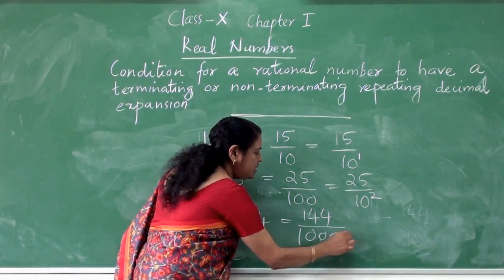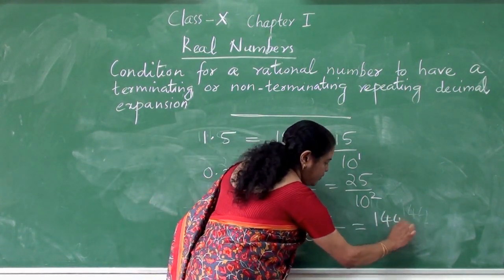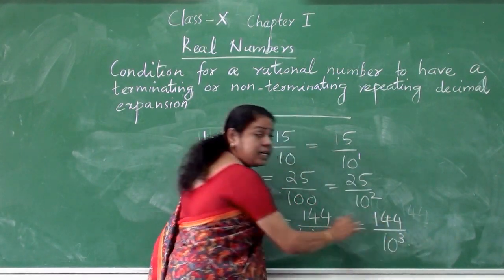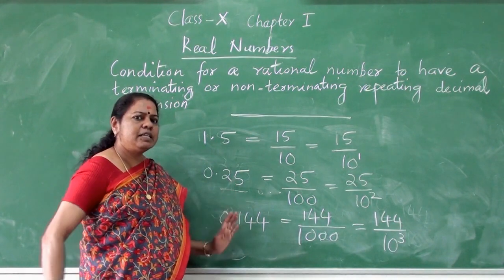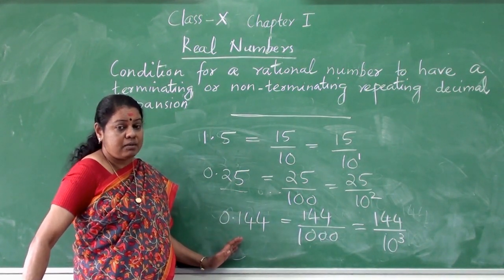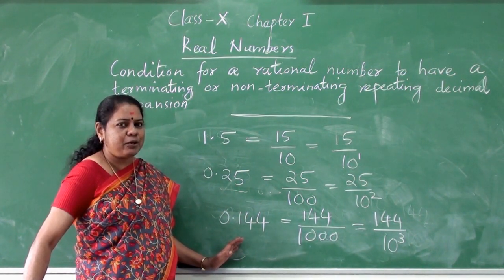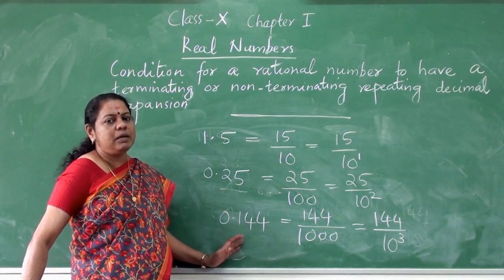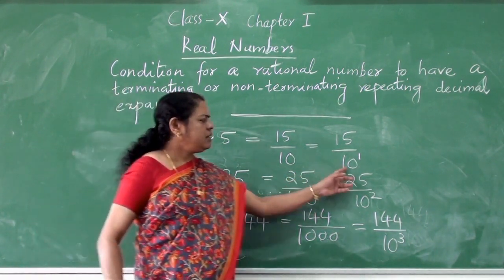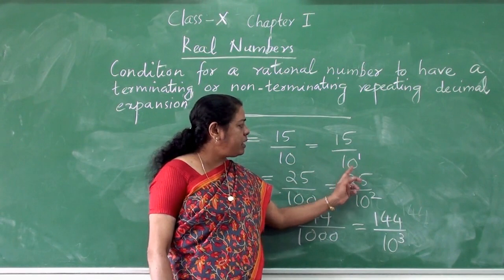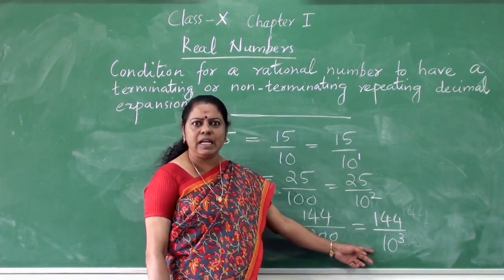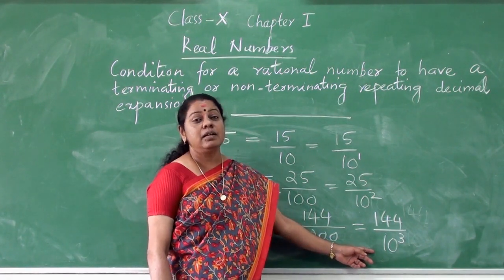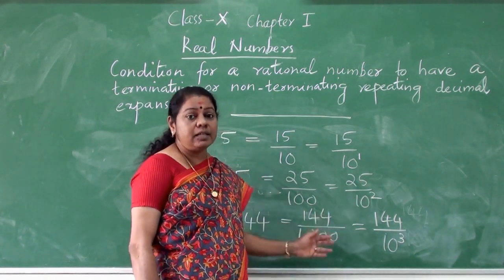So 1000. We can write it as 144 by 10 cube. If the decimal expansion of a number terminates, it's a rational number, so we can write the denominators as powers of 10: 10 raised to 1, 10 raised to 2, 10 raised to 3, like that.